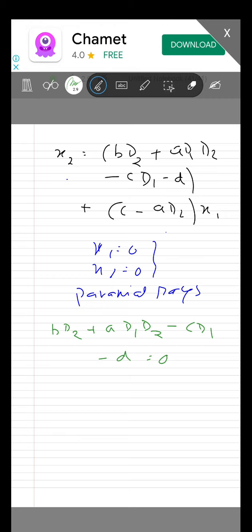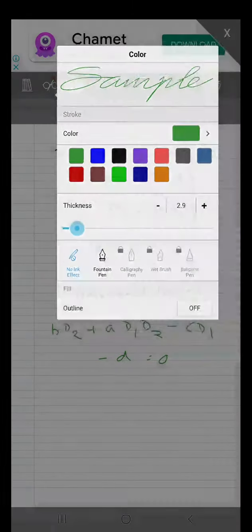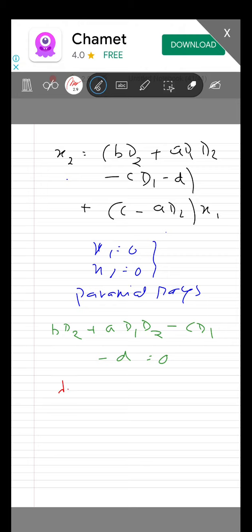That means if we write the system matrix equation once again, considering lambda 1 x1, it's lambda 2 x2 into b plus a d1, 0, second.